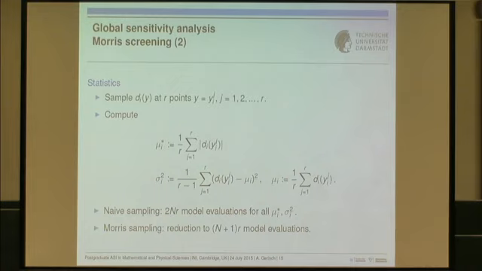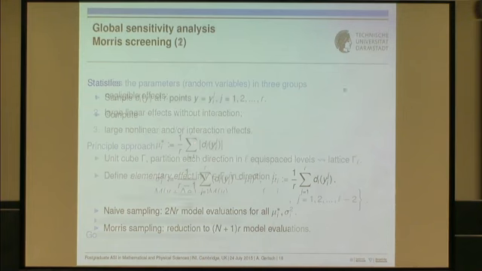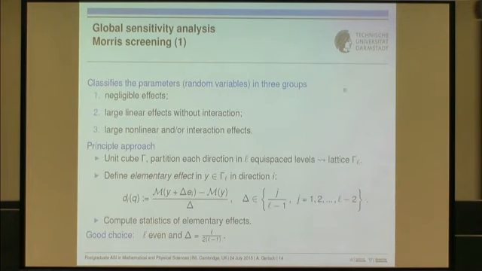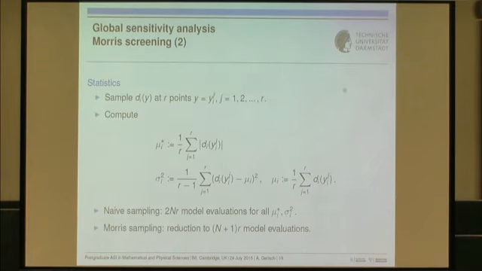So what does it tell us? If mu_i star is big, then these elementary effects are big, and we have some effect. If mu_i star is small, then we have hardly any dependence anywhere in our parameter domain, and we say parameter i has negligible effect. So mu_i star small, we're in the first class for a parameter p_i. If that is big, then we can look at the variance.